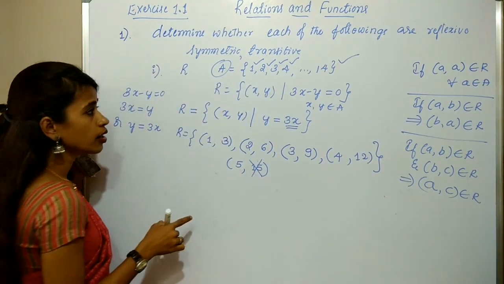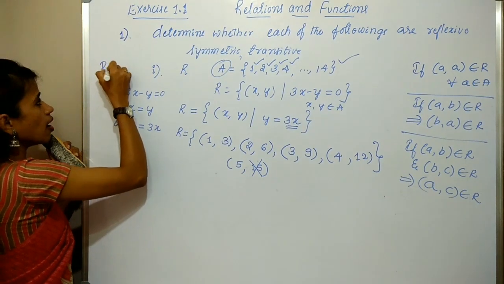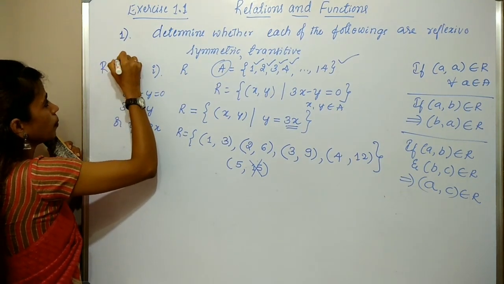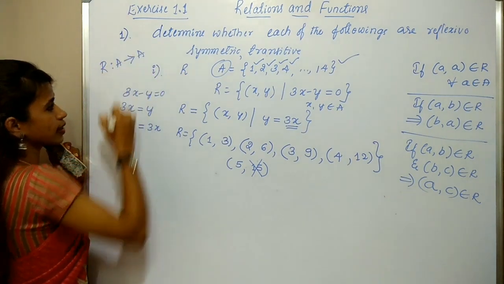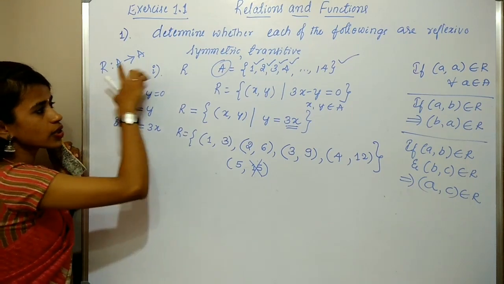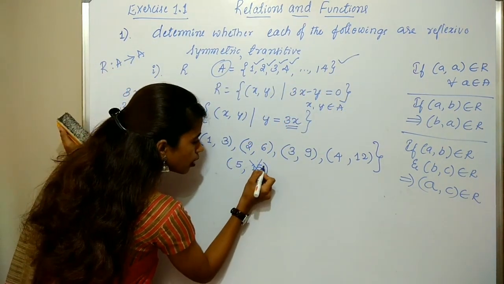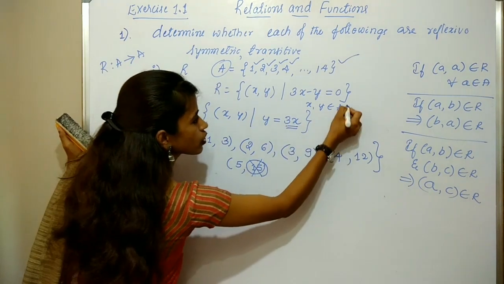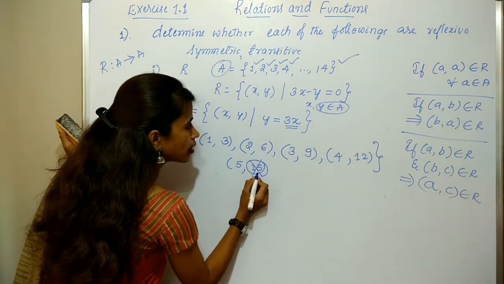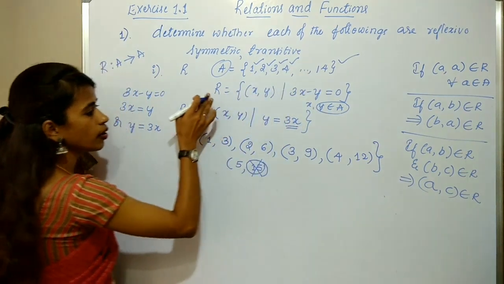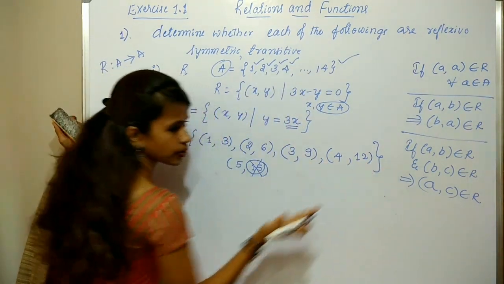Is it clear? Because the relation R is a mapping from A to A itself, and A contains only 14 elements, y must belong to A, so 15 does not belong to A. Therefore, we stop up to this.